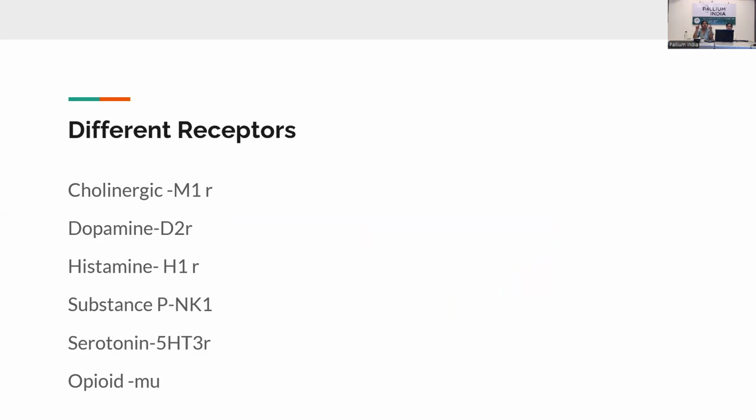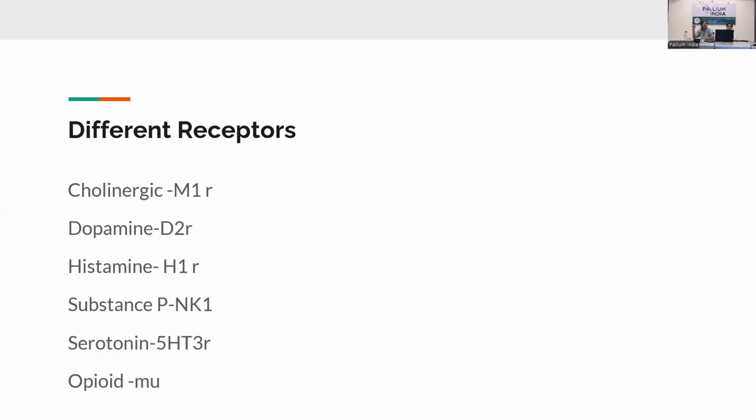We learn that next. Before that, you have to learn some receptors. These receptors are very common, and they play a vital role in causing vomiting. So, the receptors and their short forms. When I switch to the other slide, don't forget this. Cholinergic receptor is the M1 receptor. Dopamine is the D2 receptor.